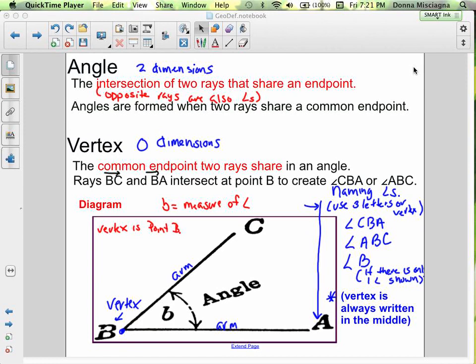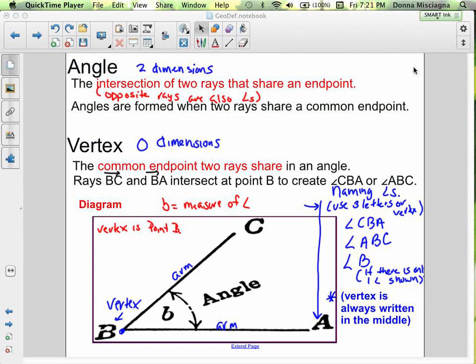It's the common endpoint two rays share in an angle. All right, so for instance, here we have ray BC and ray BA intersecting at point B to create our angle. And we'll talk about the 4 ways we can name this angle. But 2 of the ways are angle CBA or ABC.